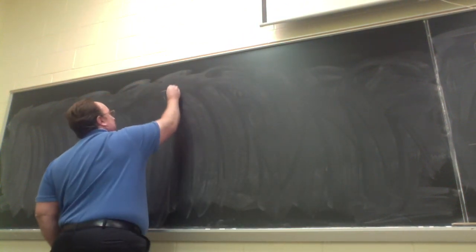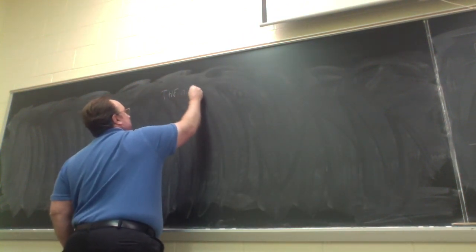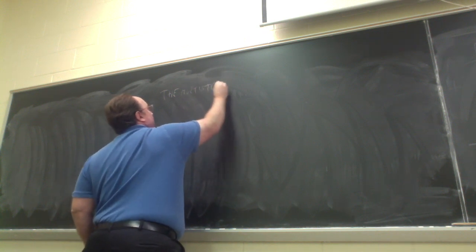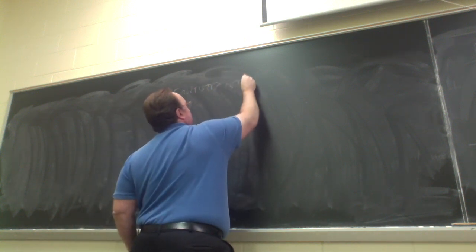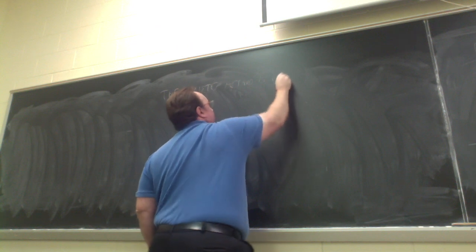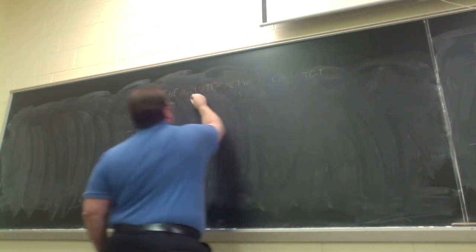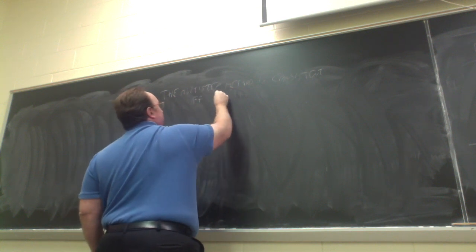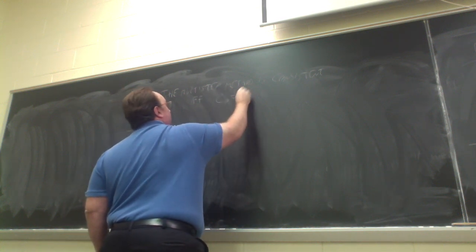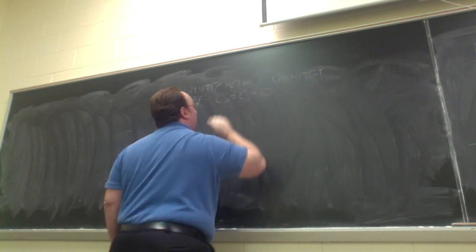So what you get is the multi-step method is consistent if and only if C0 and C1 are 0.